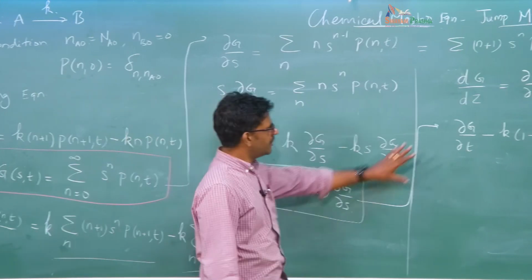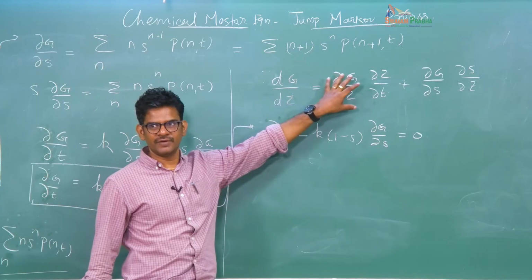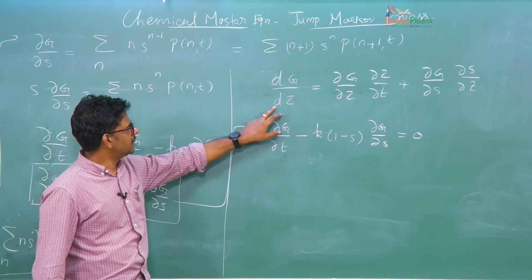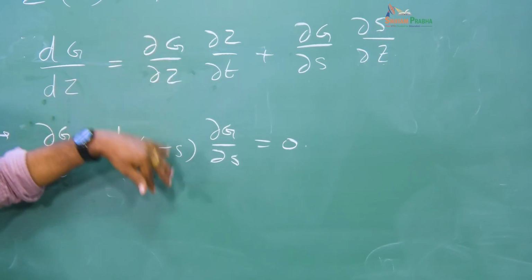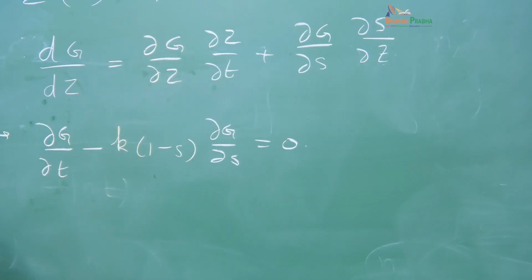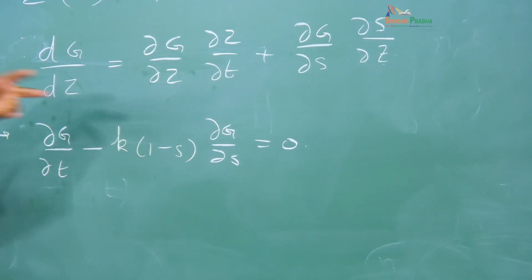So now what? This is my original equation that I want to solve, and here I have defined a new variable Z so that this equation is valid. Now I can look at these two, compare them, and find what that Z should be. Z is something I have not defined. I am expecting Z to absorb the S and T, but we have not defined what Z is going to be.